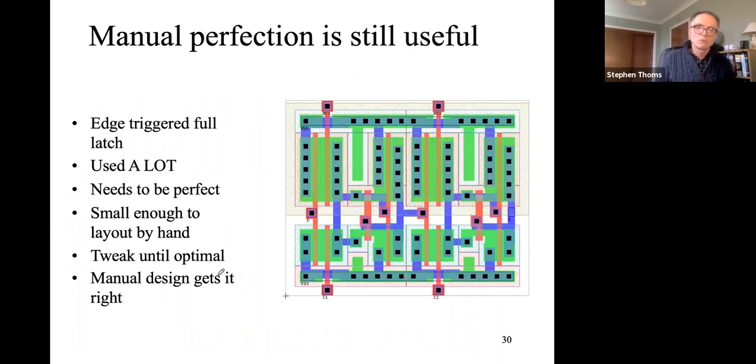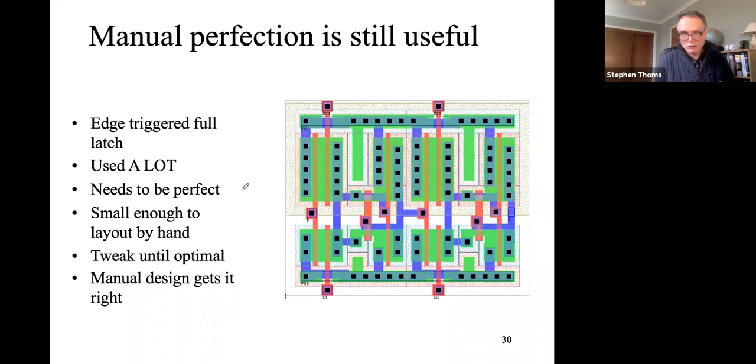So sometimes we need to look at a cell that's used a lot and try and manually tweak it a little bit. So here, for instance, is the layout for an edge-triggered full latch.